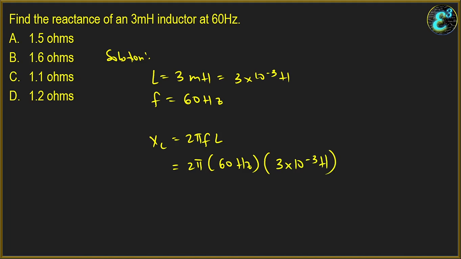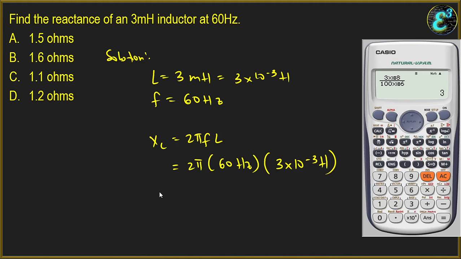then using our calculator, times 10 to the power of negative 3. Okay, so we have 1.13 ohms.